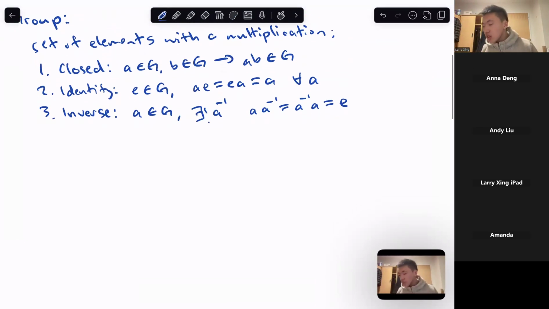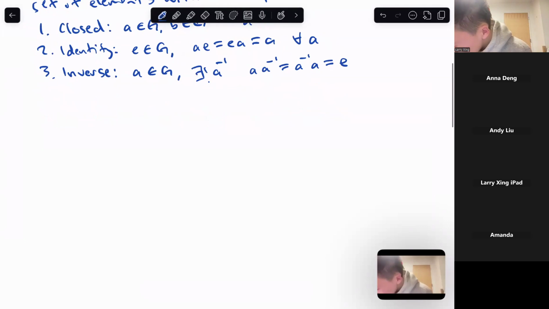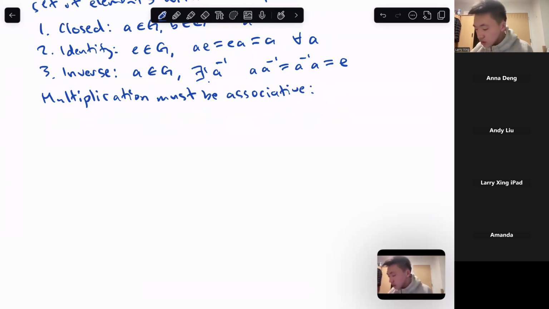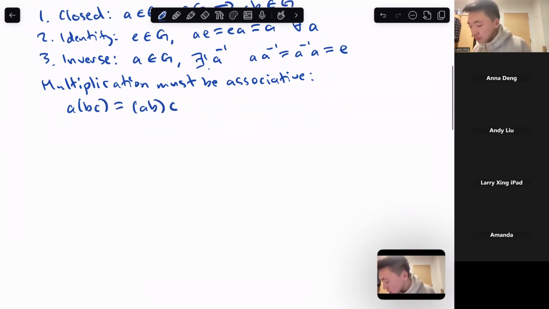Okay, so with these definitions out of the way, oh, I guess I forgot another property. Multiplication must be associative. So that means A times BC equals AB times C.